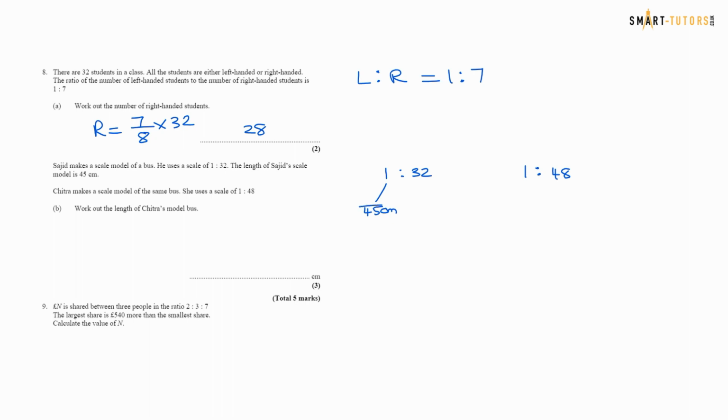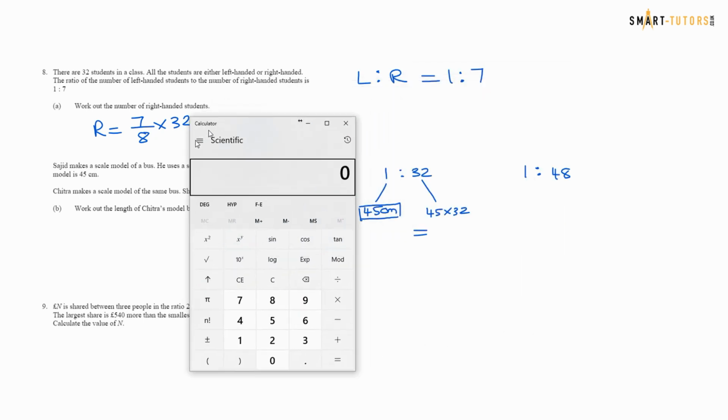So 45 centimeter is the Sajid's model. So what is the real length? So real length we need to find out 45 times 32. So that is the real length of the bus. So I'm going to use the calculator here.